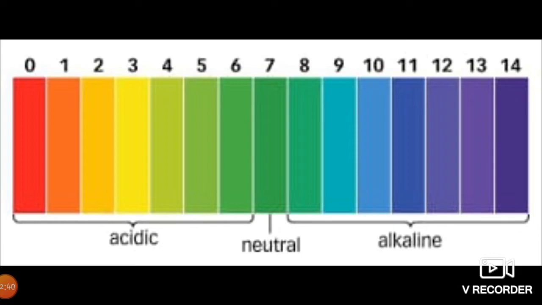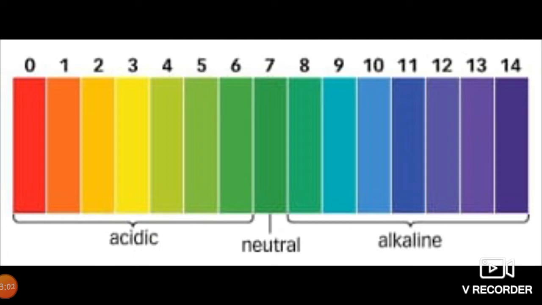Okay. And the next property we studied, moisture in the soil. The soil contains some amount of water in the form of moisture. So the moisture content of the soil depends on the type of the soil.